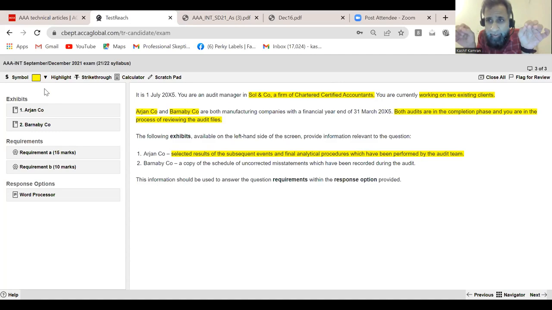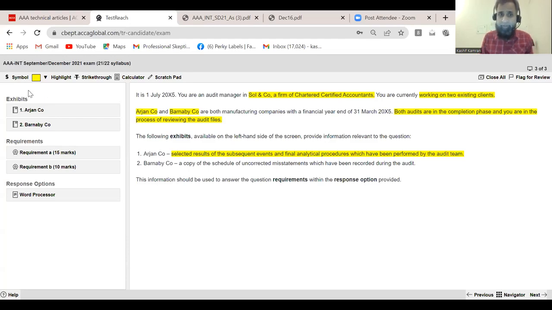And we know that the audit team do perform a subsequent review at the completion stage of the audit to ensure that all adjusting and non-adjusting events are incorporated. And the audit team even perform a final analytical review at the completion stage of the audit to ensure that for any unusual fluctuation from the last year to the current year, the auditor has sufficient appropriate audit evidence.